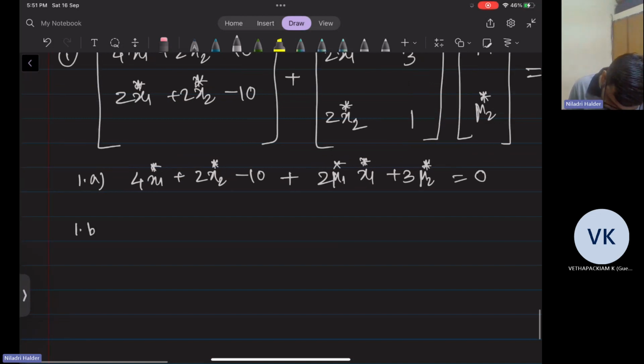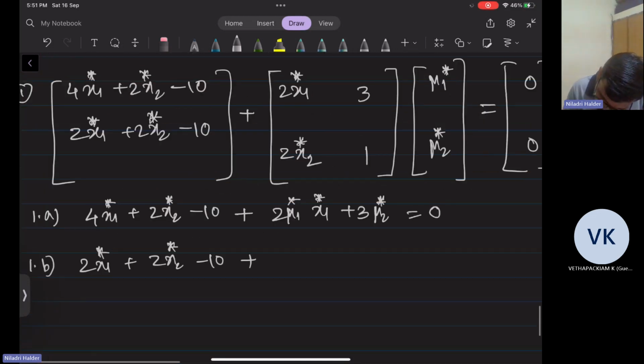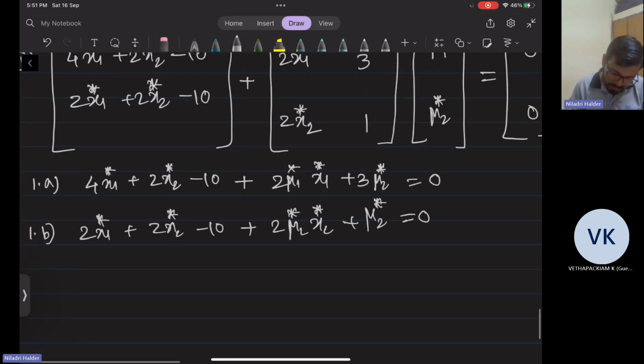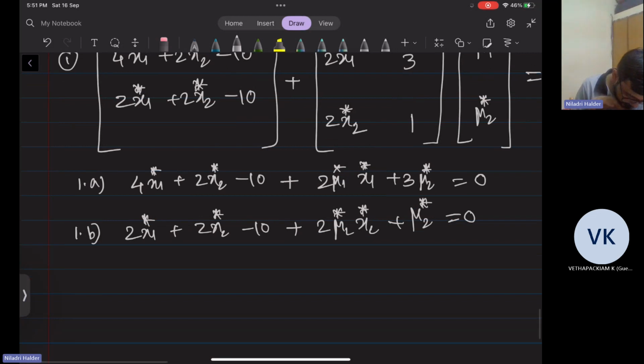Then 1b: 2x1 star plus 2x2 star minus 10 plus 2 mu1 star x2 star plus mu2 star is equal to 0. So these are the two equations.